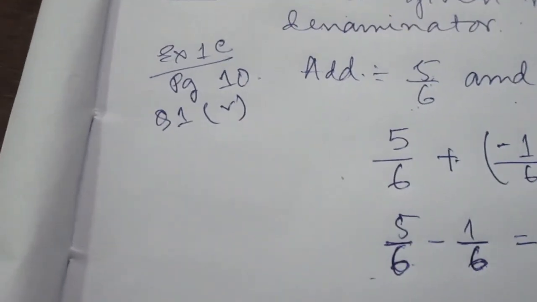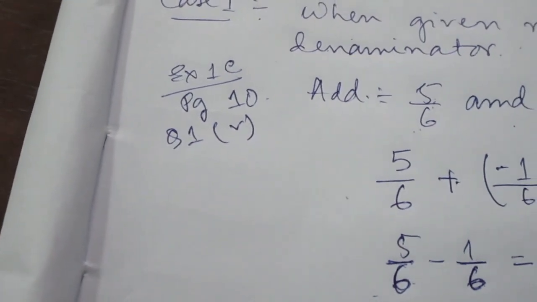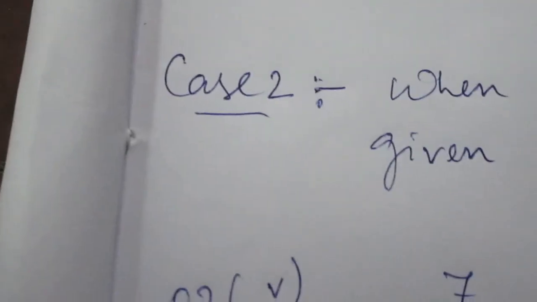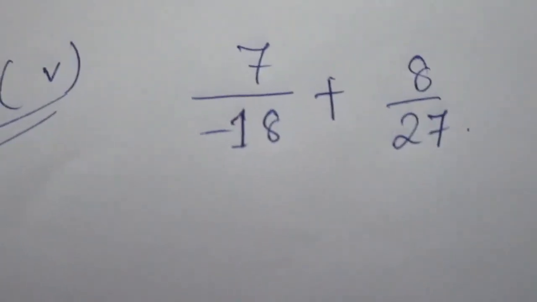The question is: add the rational numbers 7 by minus 18 plus 8 by 27. In this way we have to do it.